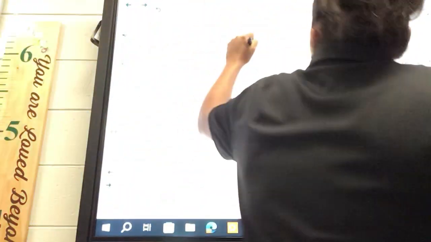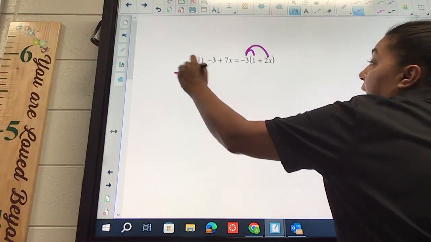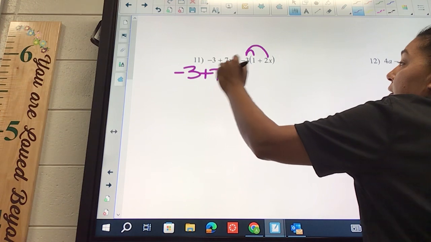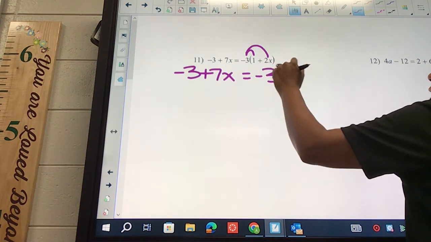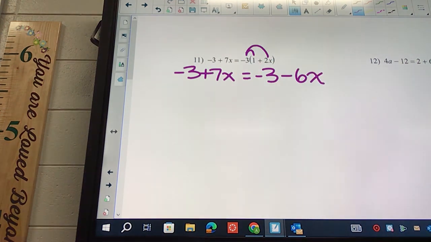Okay, 11, we're gonna start off with distributing. So I got -3 plus 7x equals -3 minus 6x. Okay, and there's 2 pieces on the left and 2 on the right, so we can go ahead and start moving.